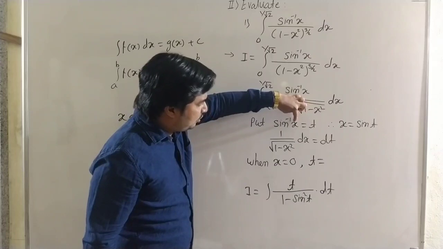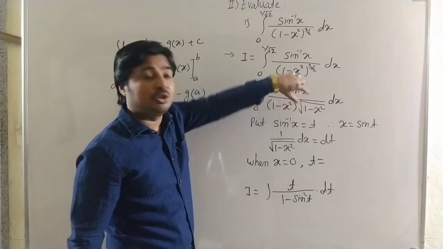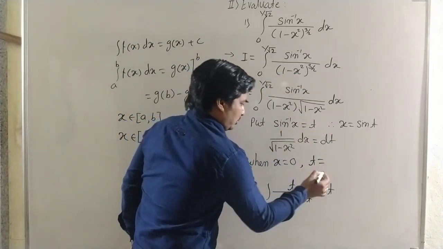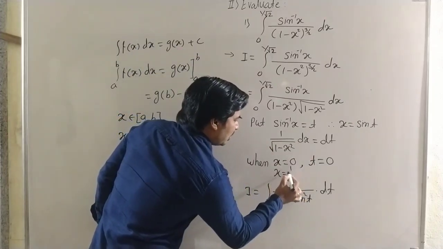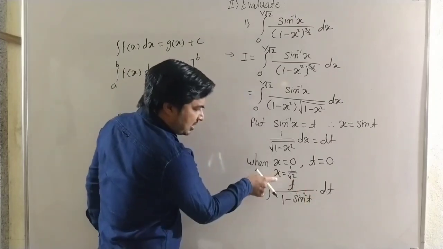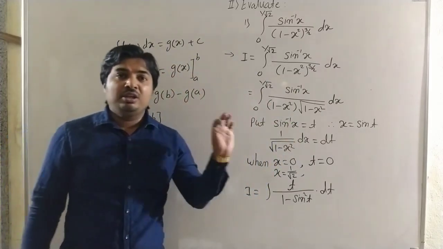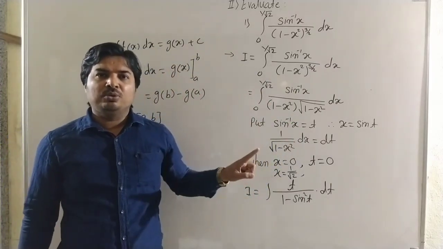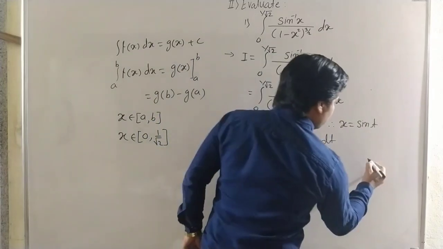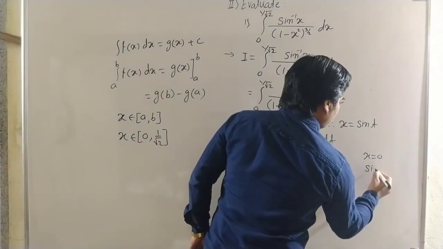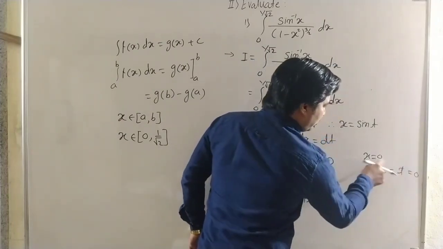When x is equal to 0, we put the value of x, sin inverse of 0, which is 0, so t is equal to 0. When x is equal to 0, t is also 0.